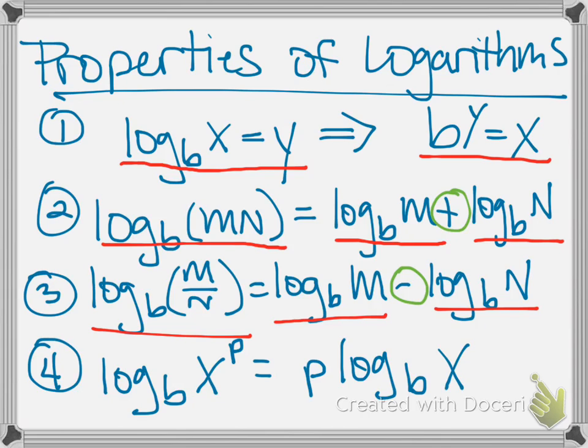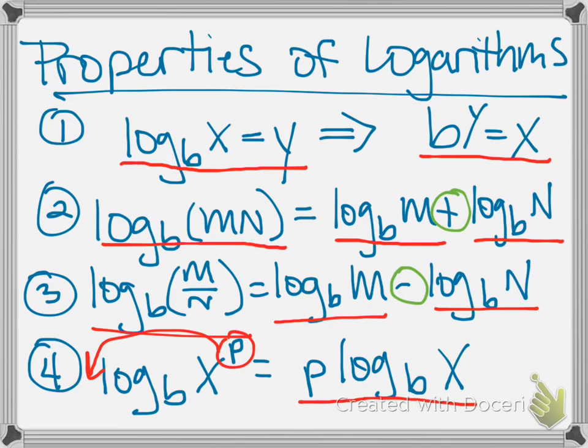And then the very last property that we need to talk about is what happens when you have an exponent inside of a logarithm, which is what we have right here with this p. This expression would read the log base b of x to the p power. Anytime you have an exponent inside a logarithm, this property tells us that we can pull that exponent out front so that it becomes a coefficient, which is exactly what we have over here on the right side of this equation.